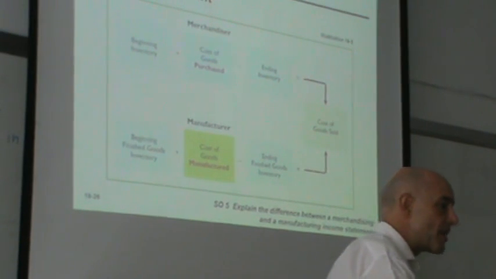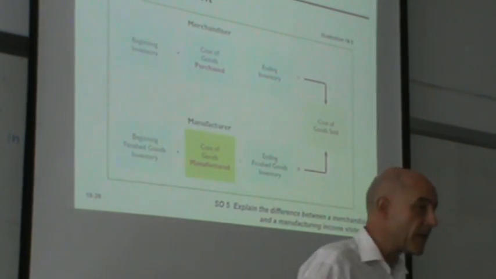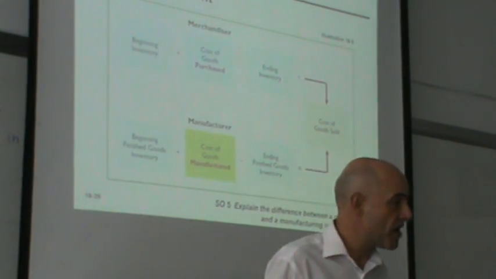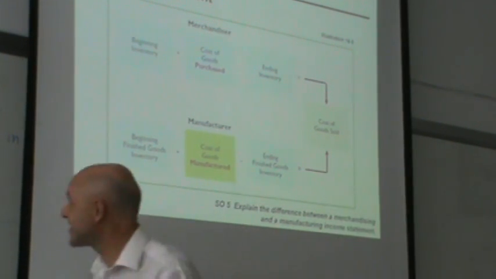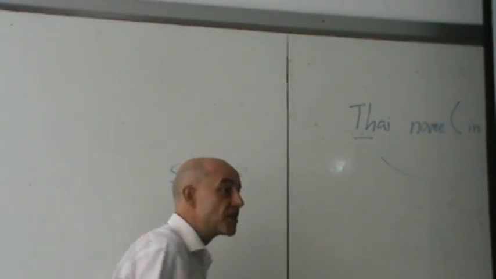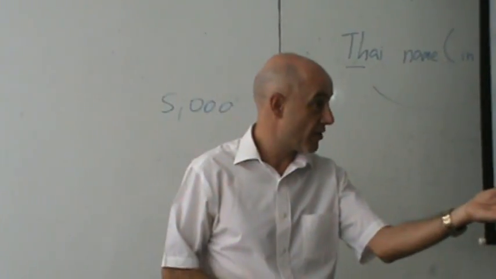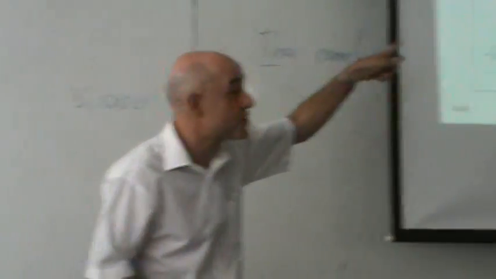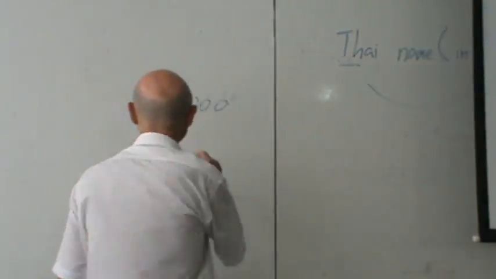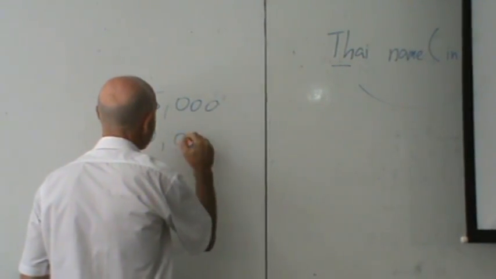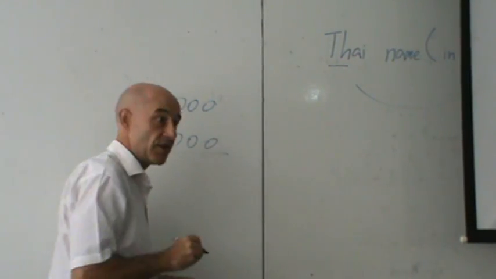Okay? It works the same with your money. At the beginning of the month, you have 5,000 baht, okay? Let's say you have 5,000, that's at the beginning of the month, okay? So it says cost of goods purchased. Now in your case, you make extra 10,000. You make extra 10,000, okay?